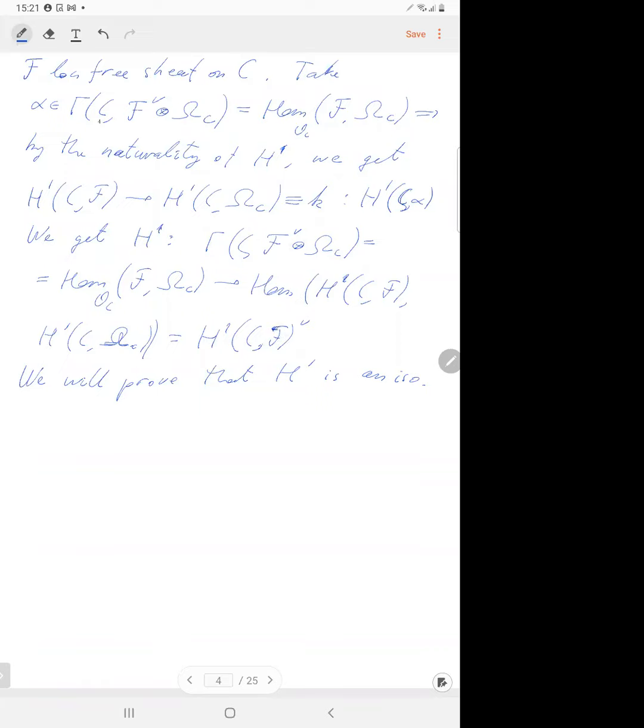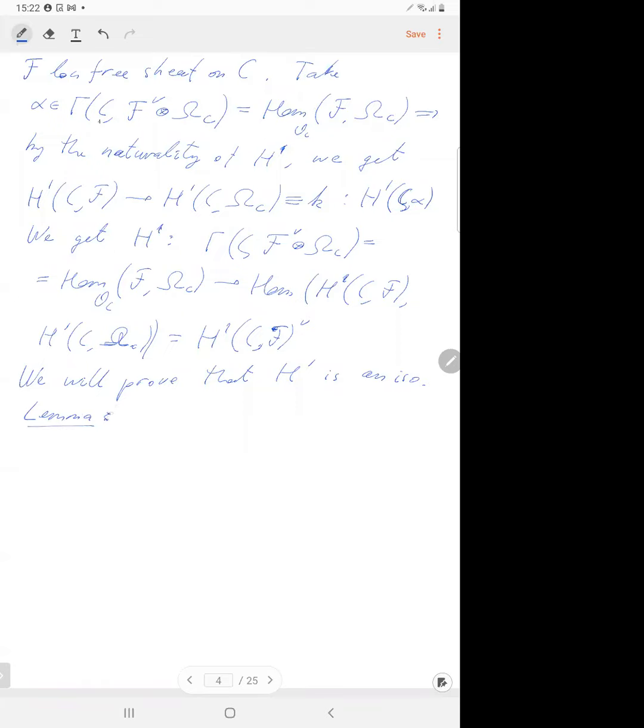And this is the origin of the terminology dualizing sheaf. The twisting by this canonical class omega C leads to dualization of cohomology. So let's prove this.